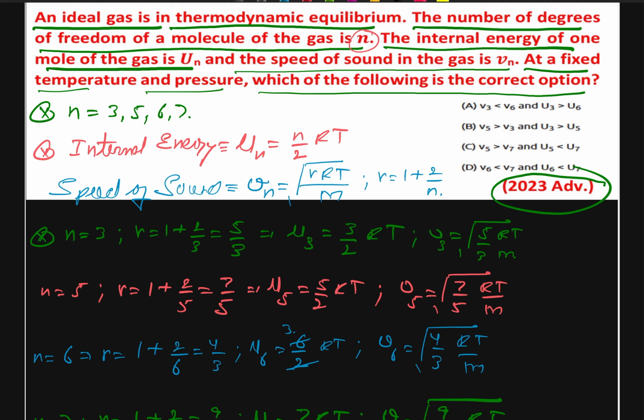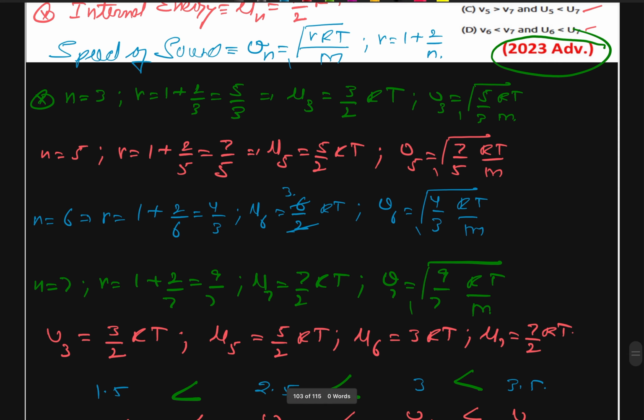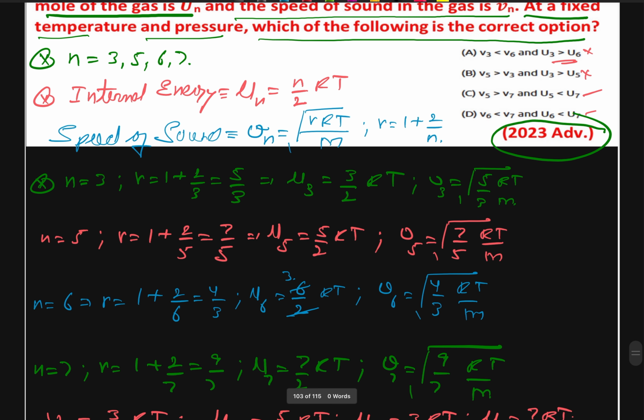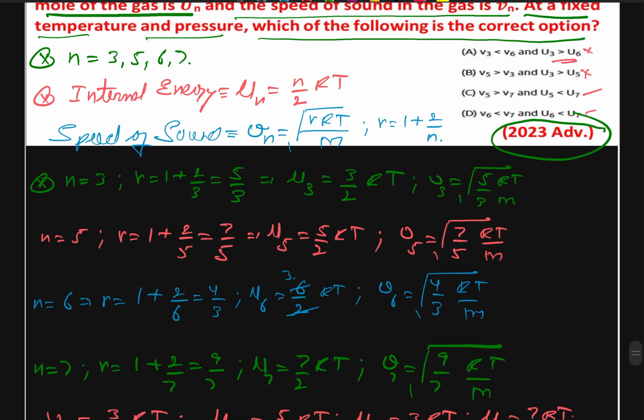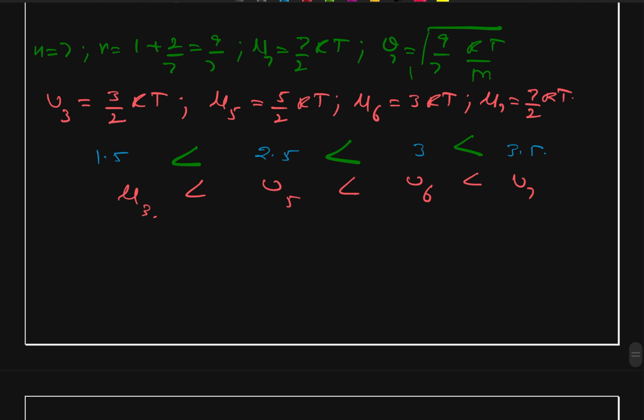U of 3, this is incorrect, and this is also incorrect, and U of 7 is correct, and U of 7 is also greater than U of 6. So we have two options for our energy, that is U of 7 is greater than U of 5, and second is U of 7 is also greater than U of 6.